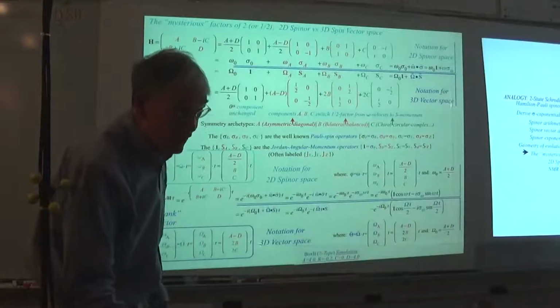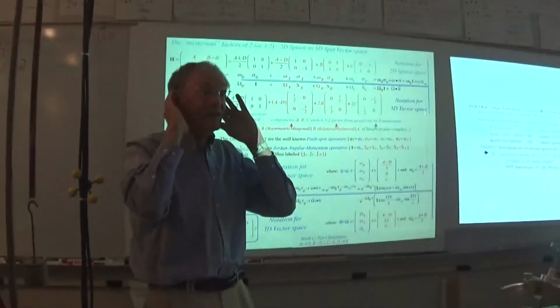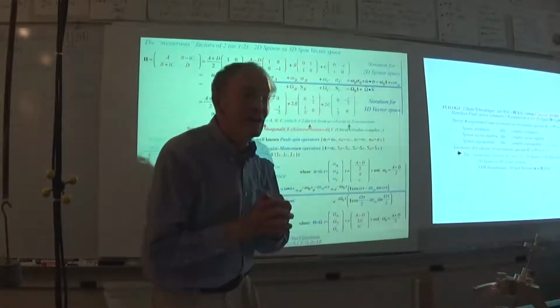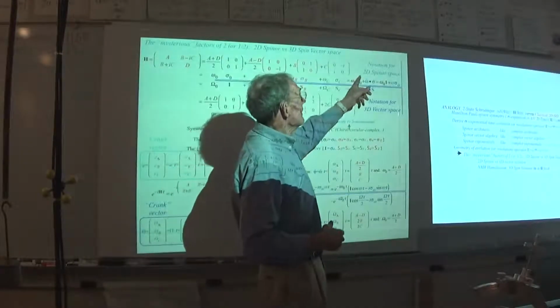Two components. You're not allowed to use the K vector, right? But yeah. I'm still confused that that 2D spinor is not 2D.